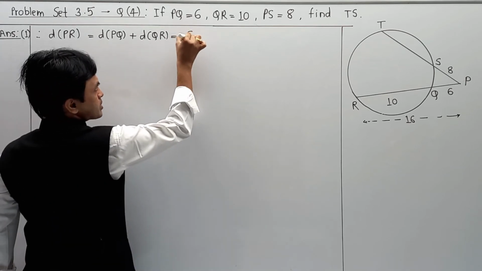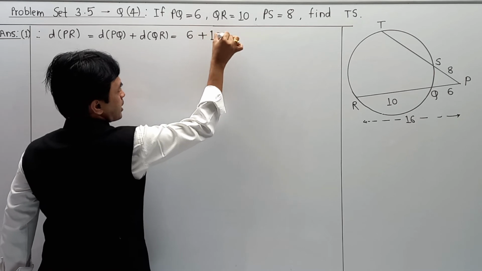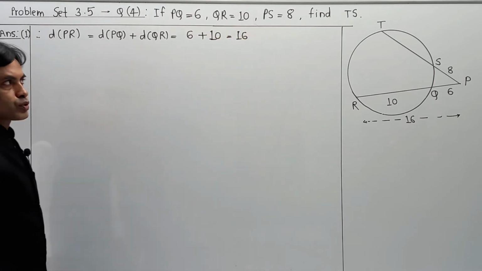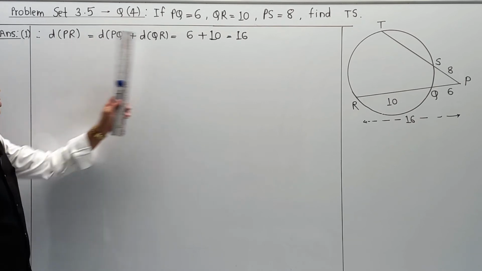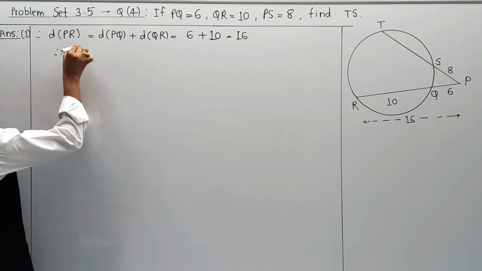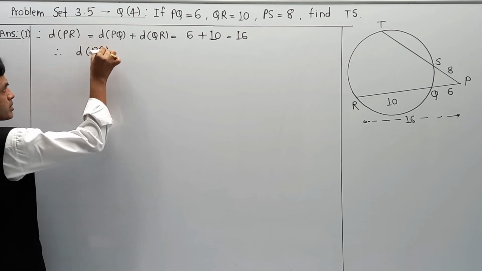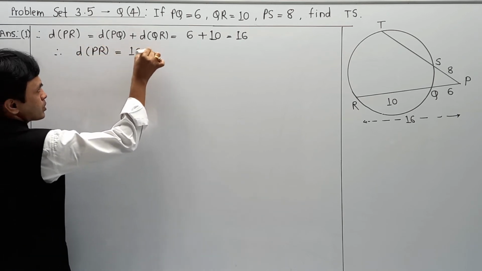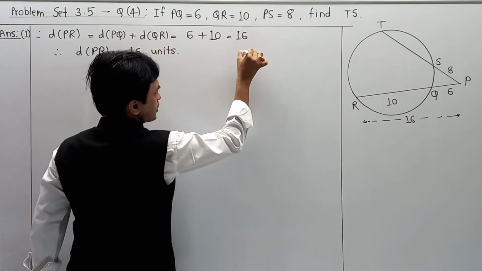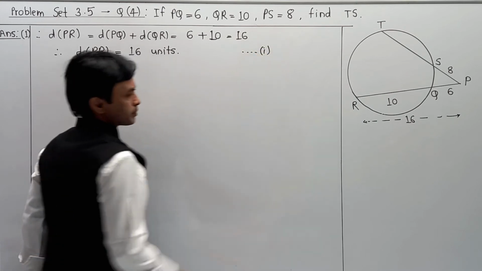So it becomes 6 plus 10, which is 16 units. So the first part of the answer: distance PR is equal to 16 units. As it is the first answer, I am going to give it as number 1.